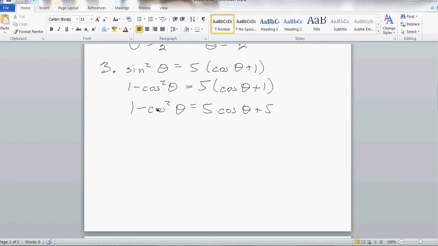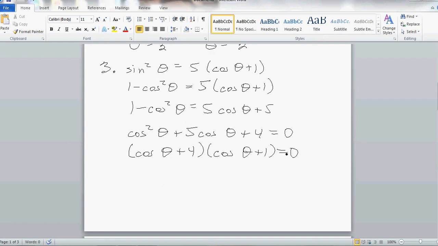So to make it easier, I'm going to add cosine squared and subtract 1, and so we will get cosine squared of theta plus 5 cosine of theta plus 4, all equal to 0. And so then it's just a matter of factoring this. Cosine of theta plus 4 times cosine of theta plus 1 equals 0.